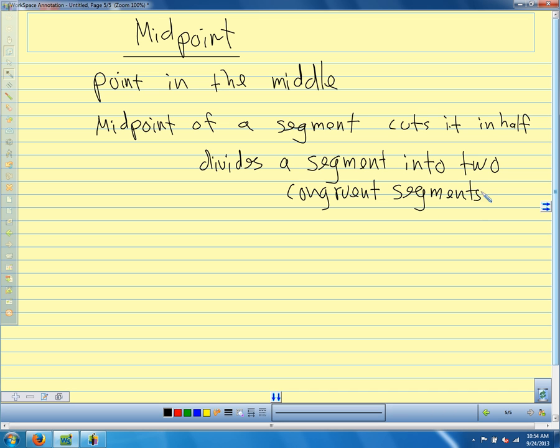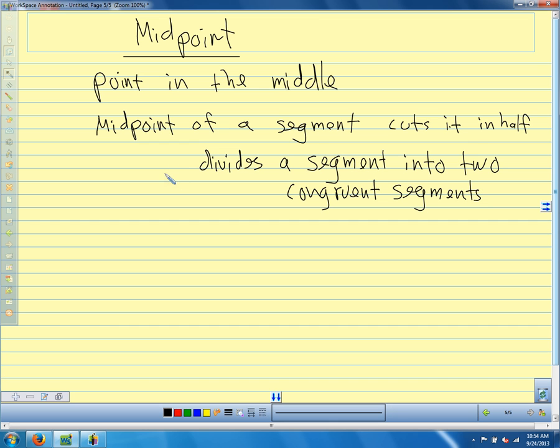So we're using our vocabulary, making it a little more technical. We're starting to learn how to speak the language of geometry. So when the problem asks you about dividing into two congruent segments, you can think, oh, that's the point in the middle.